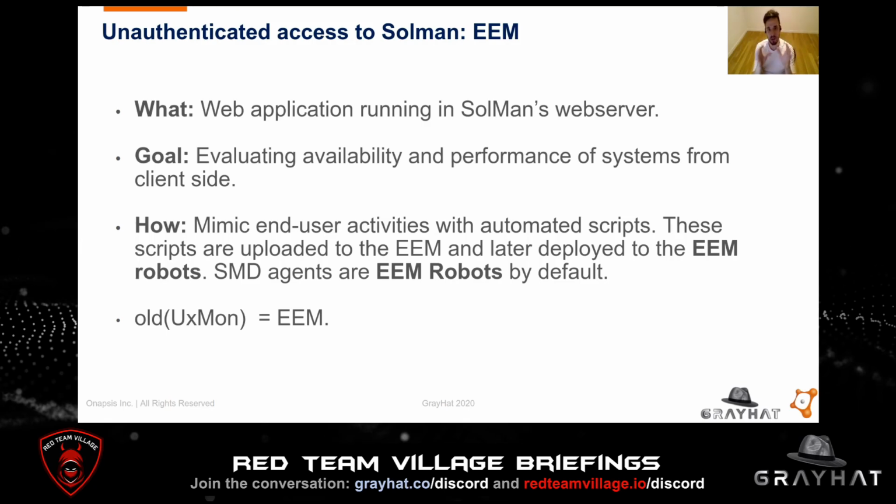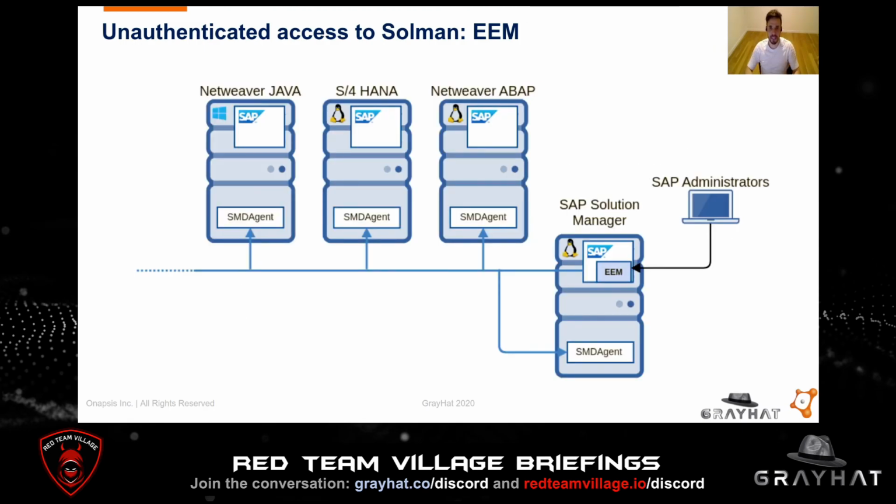The final goal of this application is early detection of issues. So instead of having an actual user face an issue, you can build a script that mimics the action a user is supposed to do, and if that script fails, you get a notification before an actual user faces the problem.